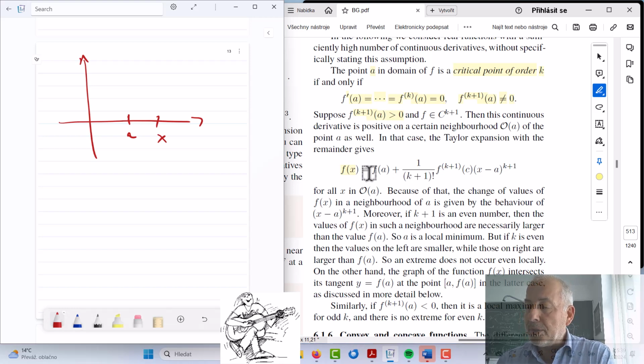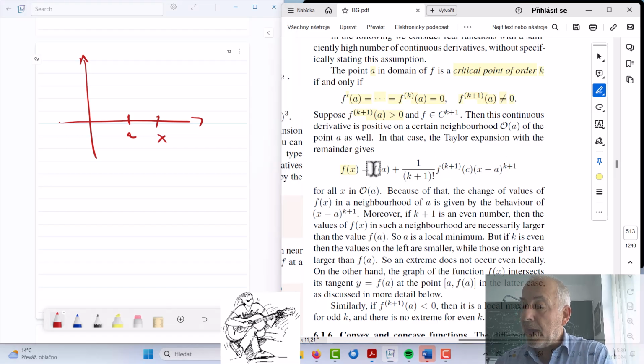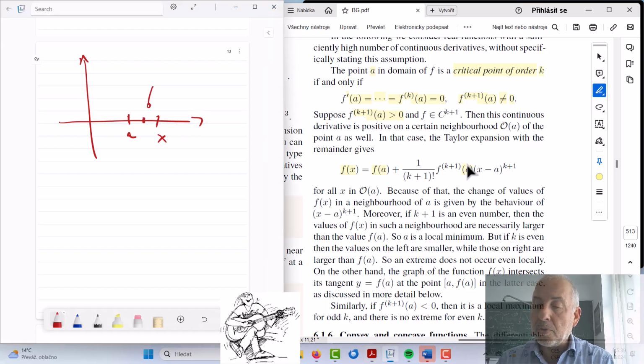So the Taylor polynomial with remainder will be f(a), that's the zeroth order part. Then there is just a bunch of zeros, and then there comes the remainder, the k plus first term. And this is of this kind where c is something in the middle here. So this is the c.